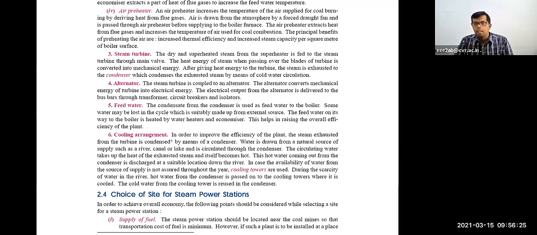If the pH value is too high, scale formation will occur in the boiler, and it will reduce the efficiency of the boiler and the whole system, so we need to take care of that. The feed water on the way to the boiler is heated by water heaters and the economizer. This helps in raising the overall efficiency of the plant.